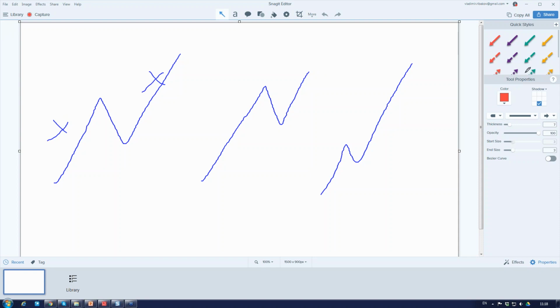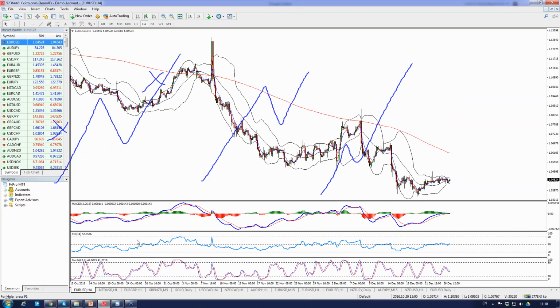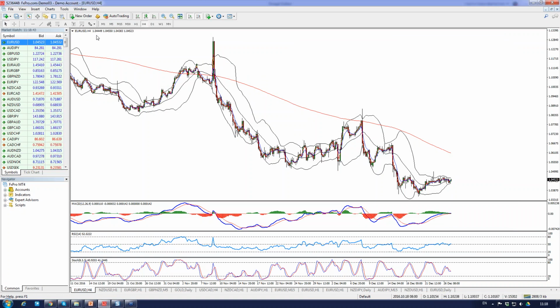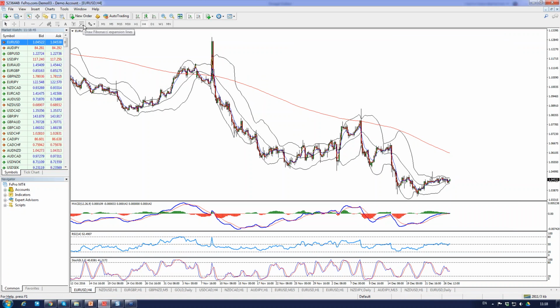Now, before we continue forward, let's quickly understand how do we at all find cycles on the chart. There is such thing called Fibonacci expansion. How do we use that? This is the sign. You see that? Here. Draw Fibonacci expansion lines.